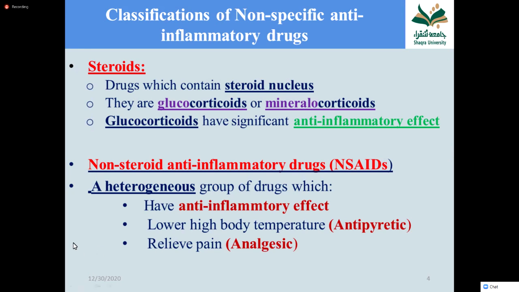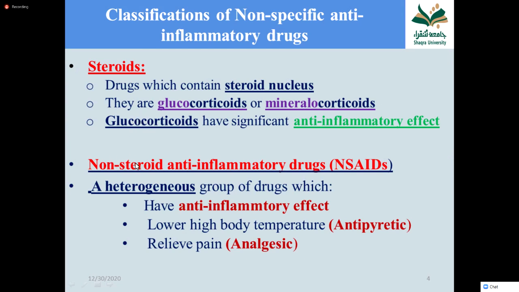Out of these, only glucocorticoids have significant anti-inflammatory effects. That's why when we study the steroidal drugs, we will study only the glucocorticoids and how they produce their anti-inflammatory effects.